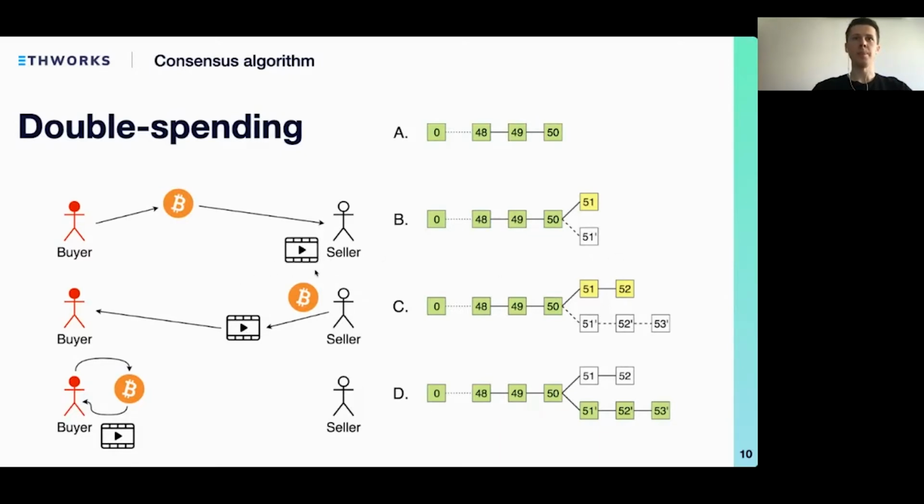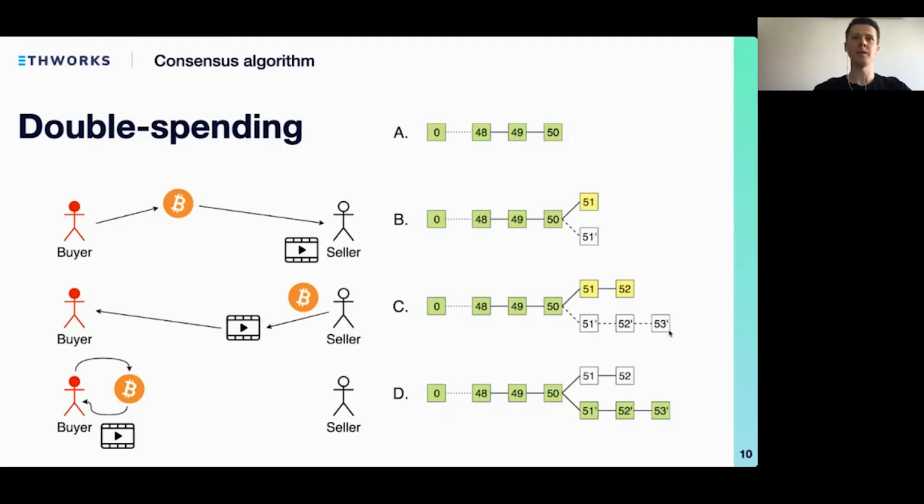Then at state C, we have another block built on top of block 51. The seller assumes that he got one confirmation. It's enough to trust that he got the Bitcoin, and he will send the digital good to the buyer. The buyer at the same time still builds his own version of the blockchain without this transaction.